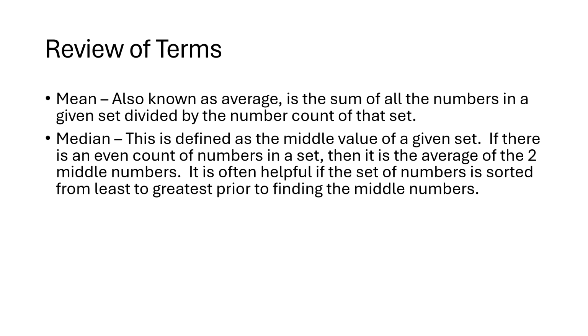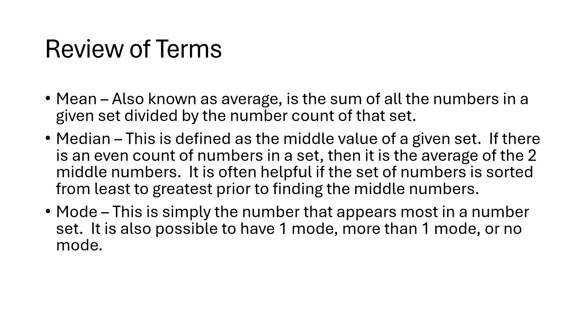If there is an even count of numbers in the set, then it is the average of the two middle numbers. It is often helpful for me to sort the data set from smallest to greatest to eliminate the middle numbers. And of course, you don't have to do that, but I found it very helpful.